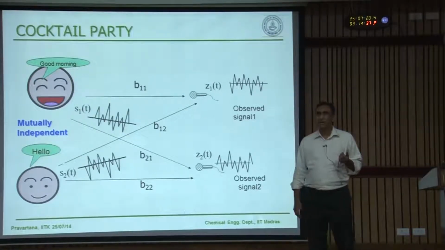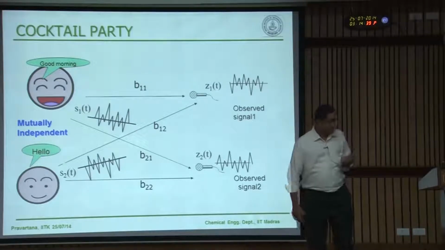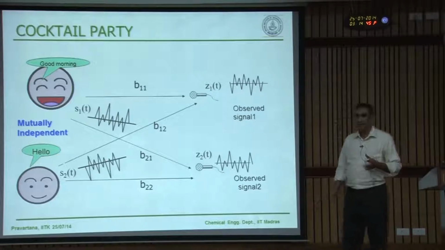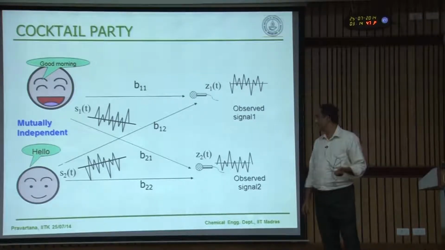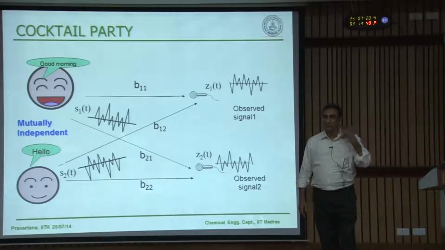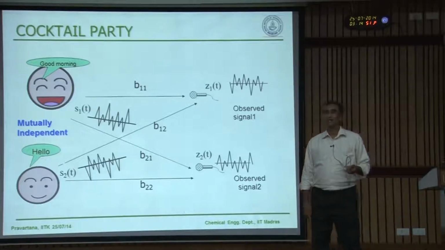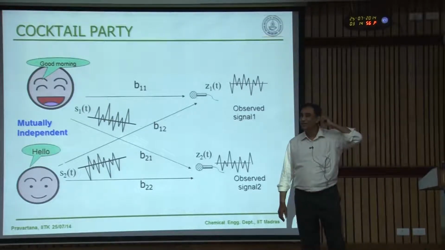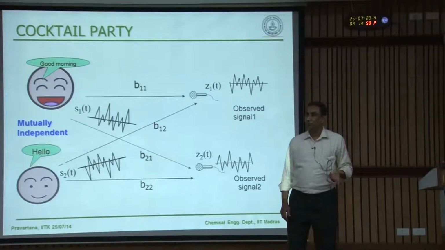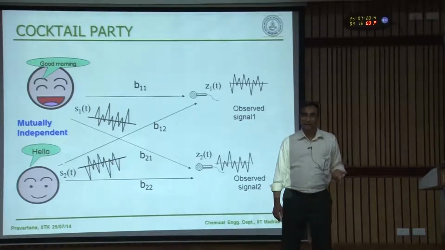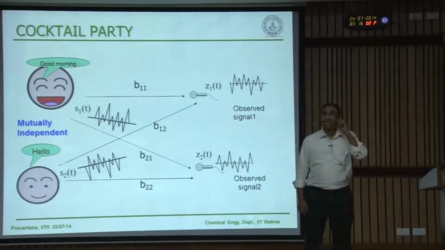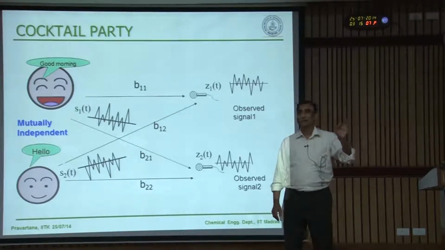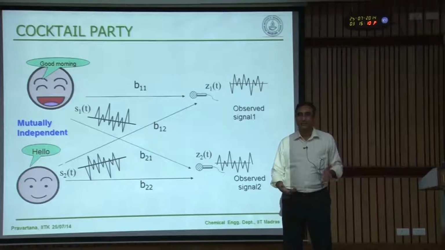This is the famous cocktail party problem, where there are multiple speakers, speaker A and speaker B. If you are at the party, the human ear is so good that if somebody talks about you, even somewhere far away, the moment you hear your name, immediately your ear perks up to find out what they are saying about you, behind your back, of course. So essentially we are able to somehow source separate, to extract that particular signal that is of relevance to us from this mixed signal that we are receiving.